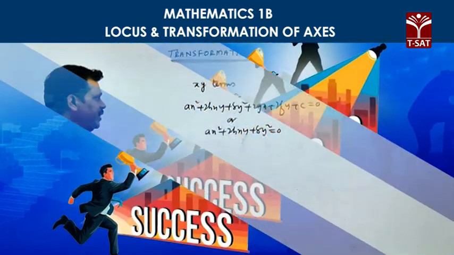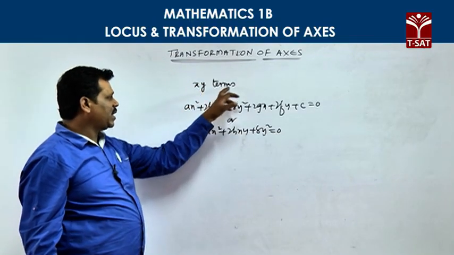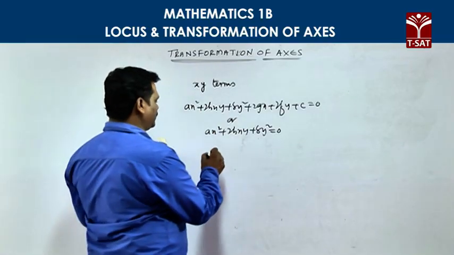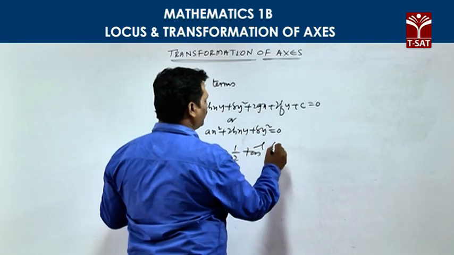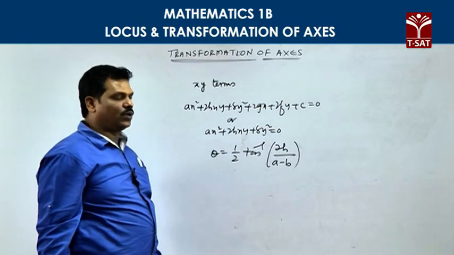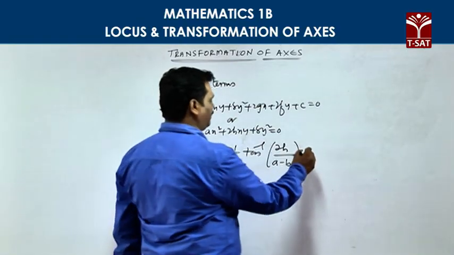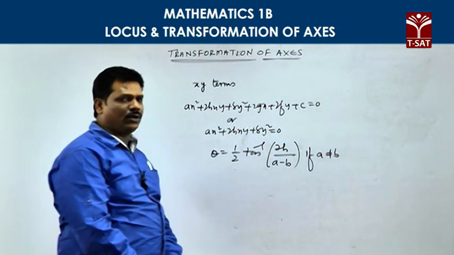When the axes are rotated through an angle theta, to remove the xy term in the equation, theta is equal to 1 by 2 tan inverse of 2h by a minus b, if a is not equal to b.